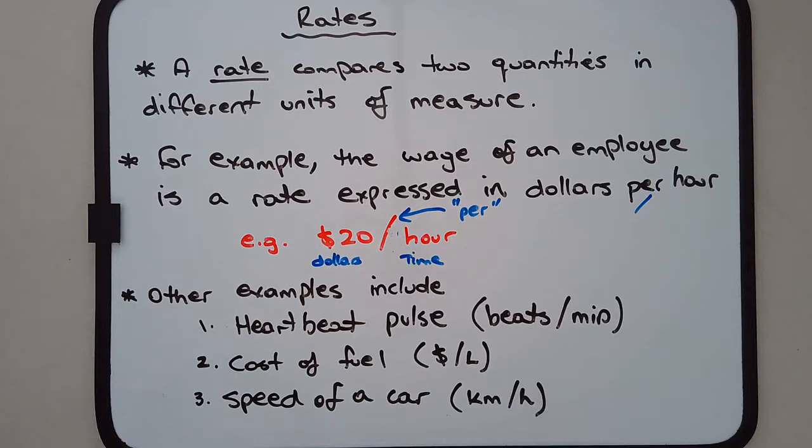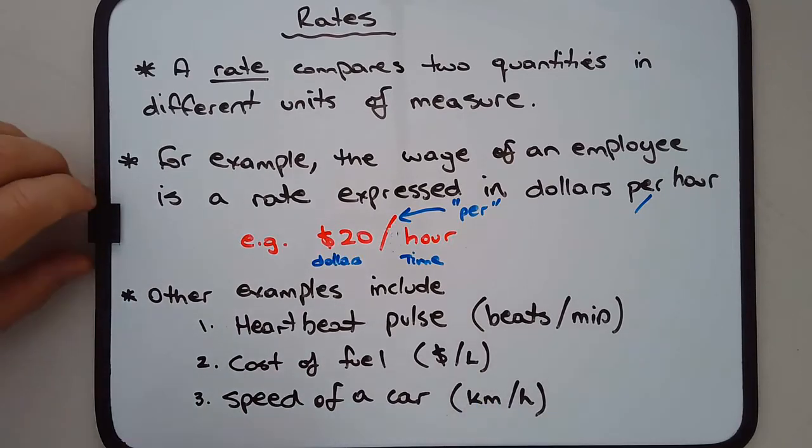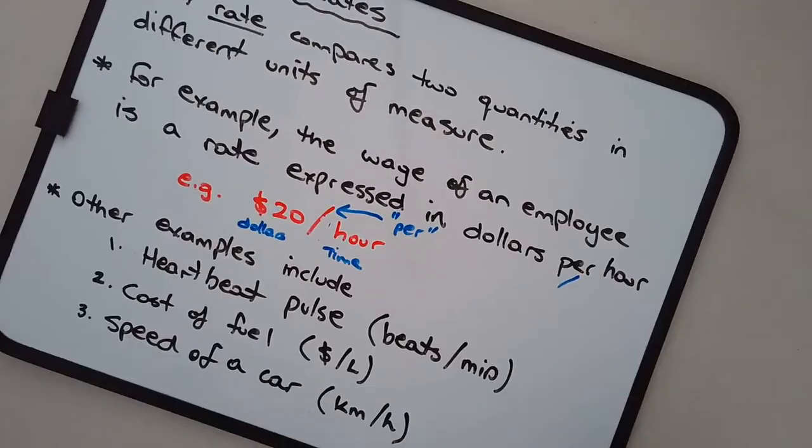This is why rates are really important. It's like two things that are changing compared to each other. When a car is traveling on the road, it's covering distance, but over a period of time. Obviously the faster the car is going, the more kilometers it's covering per unit of time. There's one other point I want to go through.